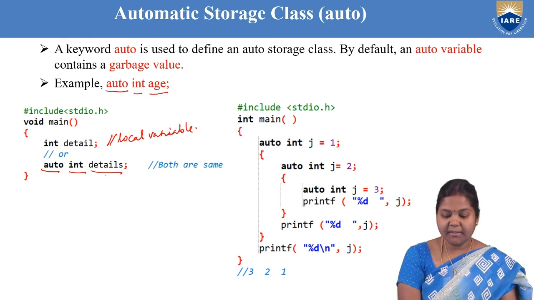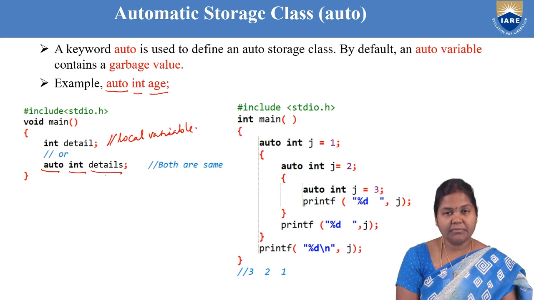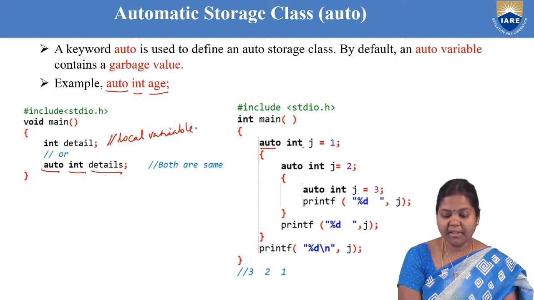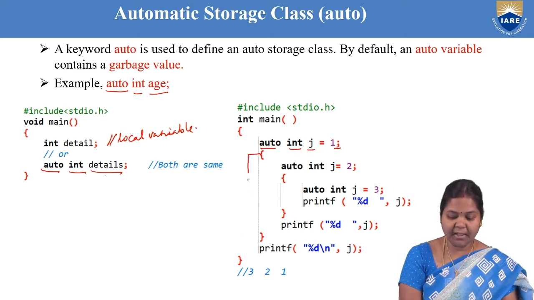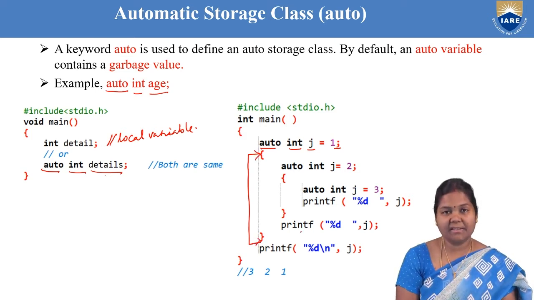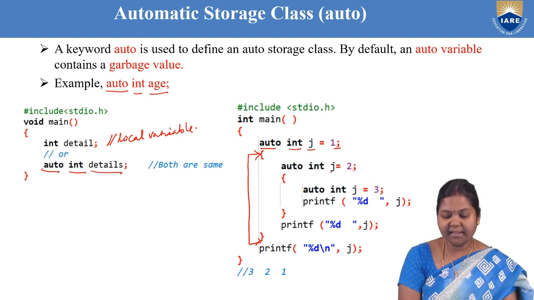Here there are three variables declared with the same name with different values. Here auto int j is equal to 1 initially. If you look at the brackets, this is the scope and lifetime of variable j equal to 1. The second time, j is declared again with initial value 2, so auto int j is equal to 2.